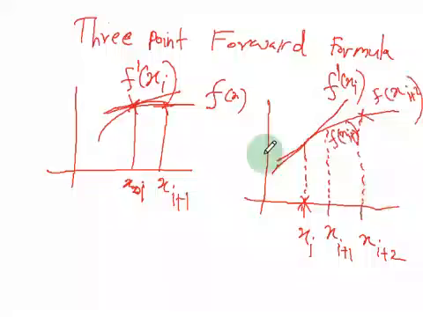So using these 3 points, we will find an approximation to f prime at xi. So let's see how we can do that.